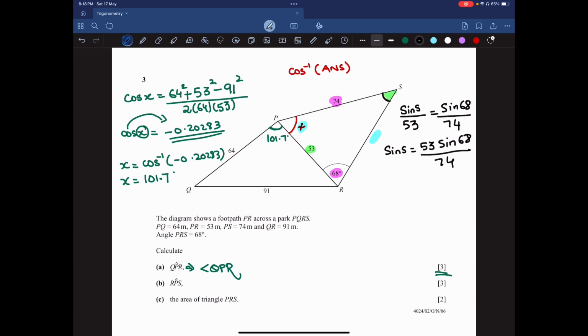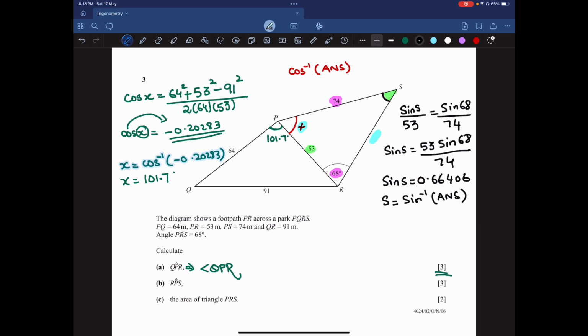Let's calculate 53 sine of 68 divided by 74. So sine of S is equal to 0.66406. Keep the answer on the screen.